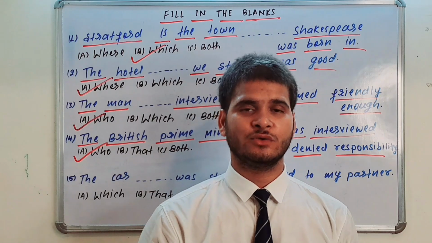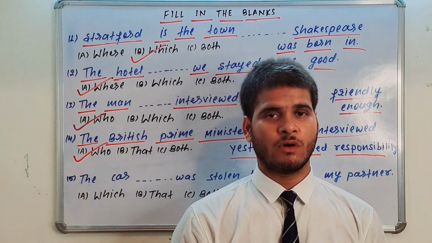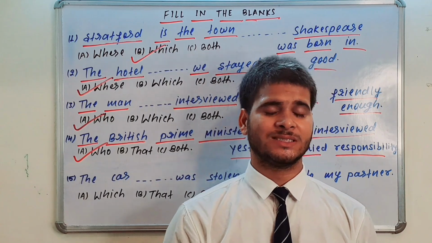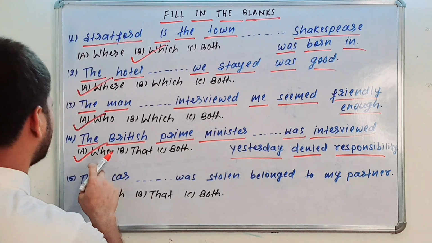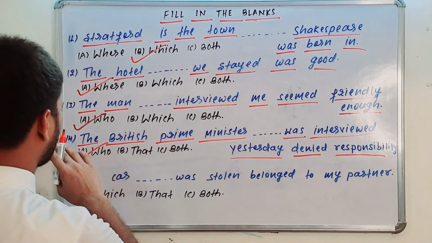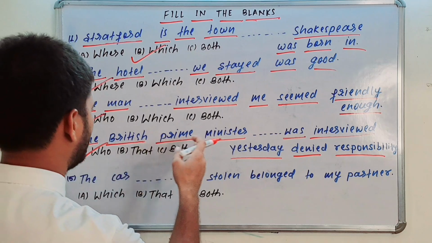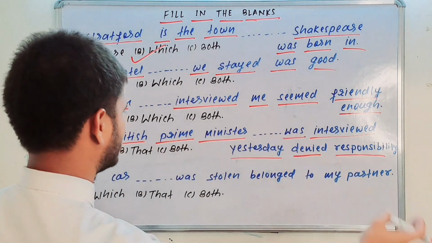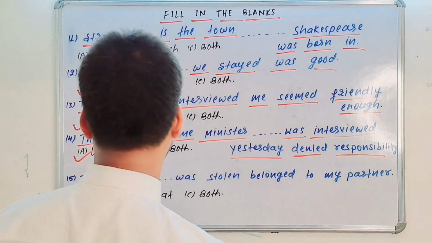That can be used in all cases. So the suitable answer will be option A, who: the British Prime Minister who was interviewed yesterday denied responsibility.